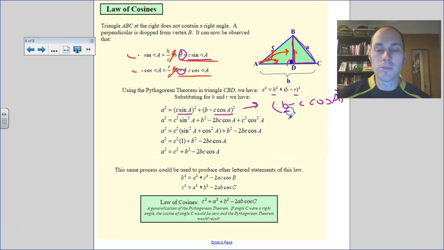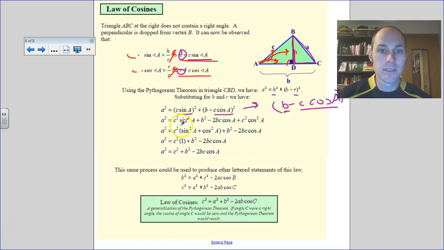So first term squared, and then we're doubling the product of these, minus 2 times bc cosine A, and then we square the last term, c squared cosine squared of A.